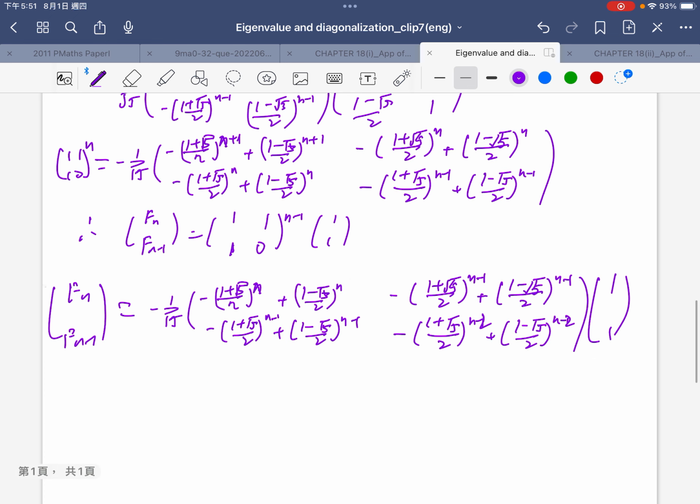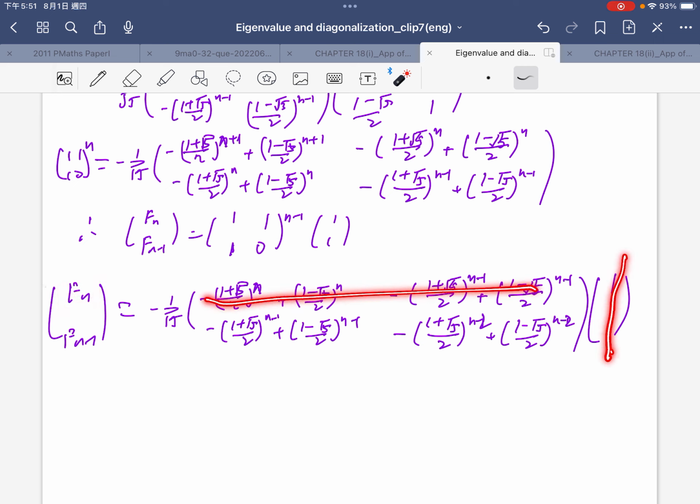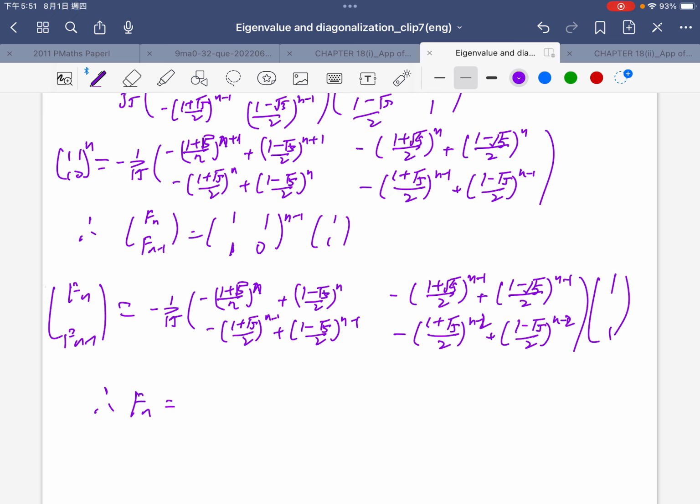Then the general term should be equal to, fn is equal to this times this. 1 minus 1 over root 2 times this one plus this one minus this one.